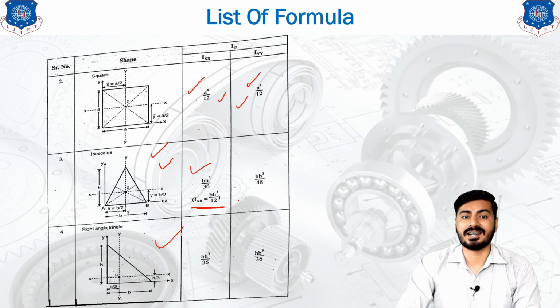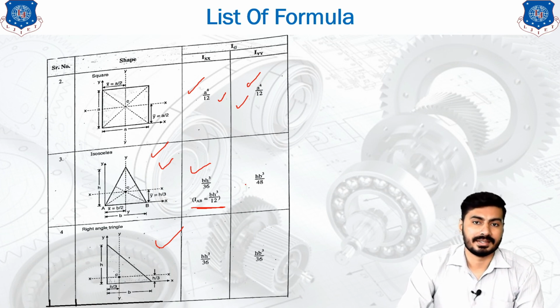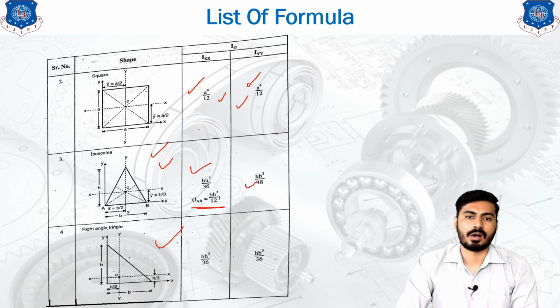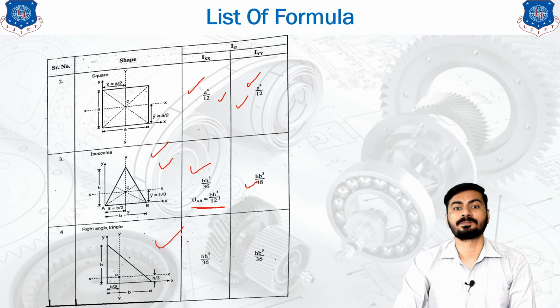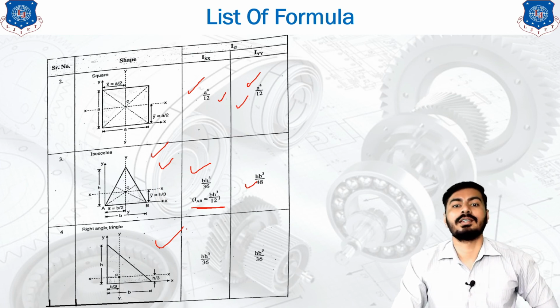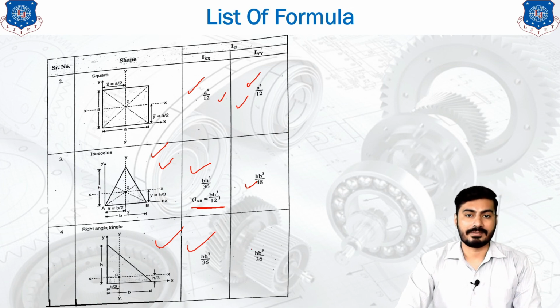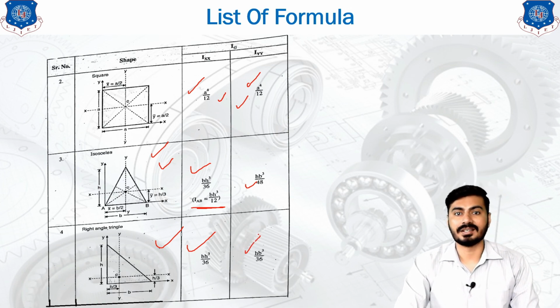If our intention is to find the moment of inertia about the YY axis, then HB cubed by 48 will be our formula. Now if you consider the right angle triangle, the IXX formula is BH cubed by 36, and the IYY formula will be HB cubed by 36.